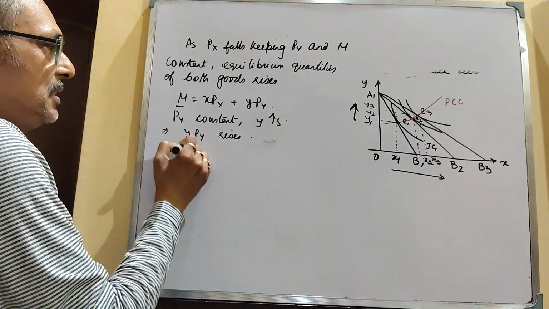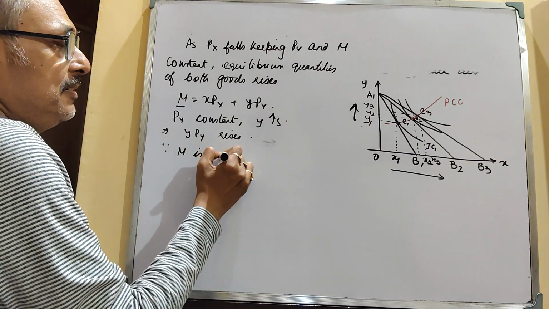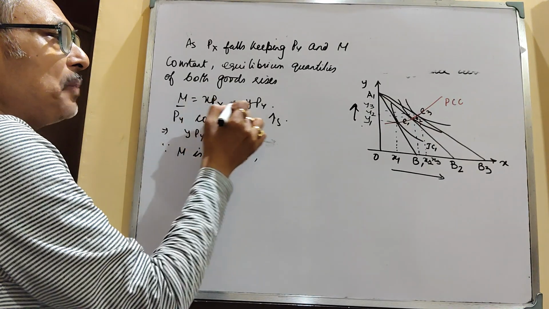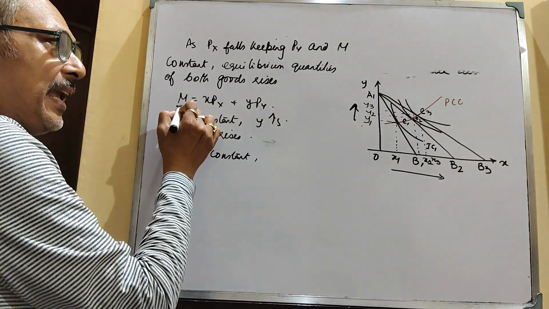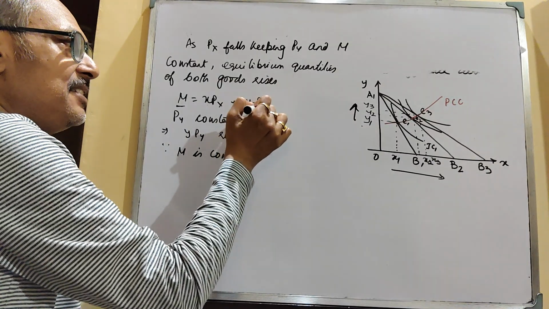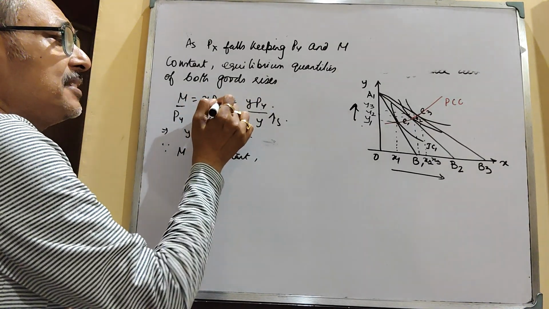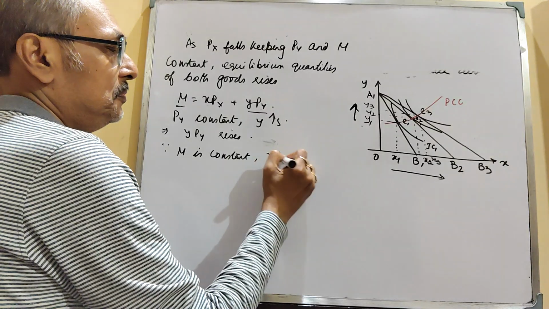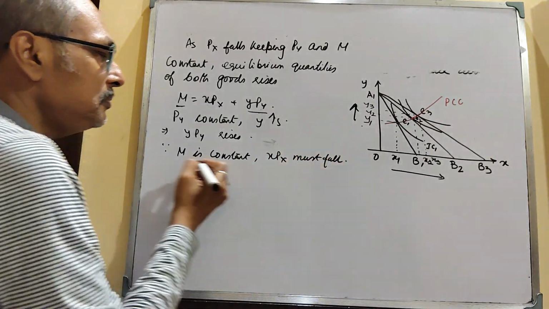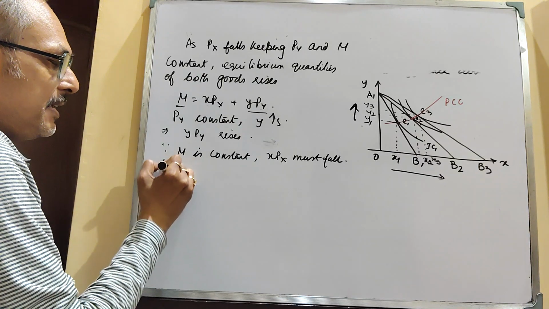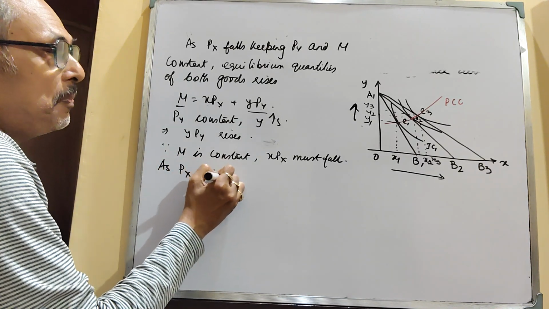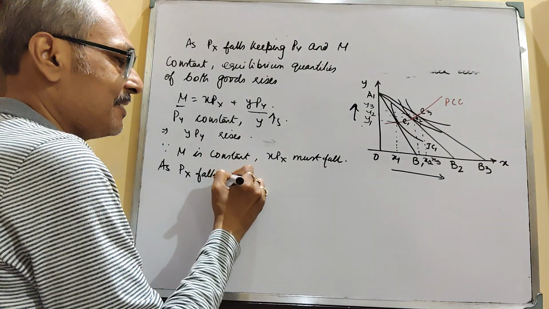Since M is constant, XPX plus YPY equals to M. M is constant, this part YPY rises, therefore XPX must fall. Now, as PX falls, by construction X rises.